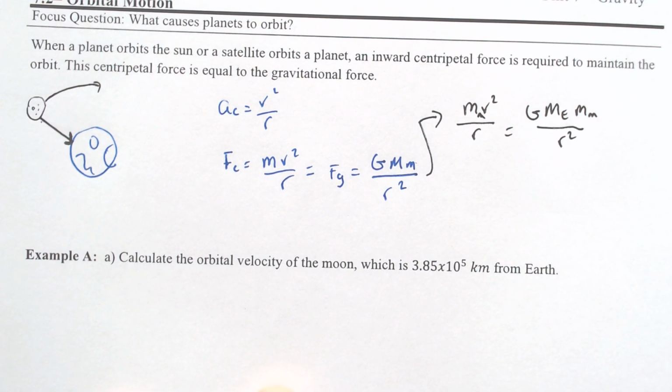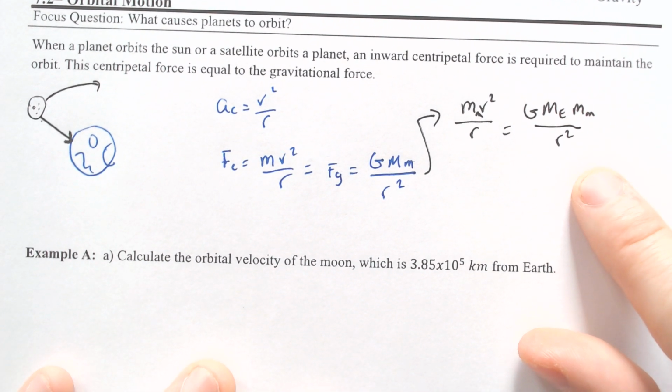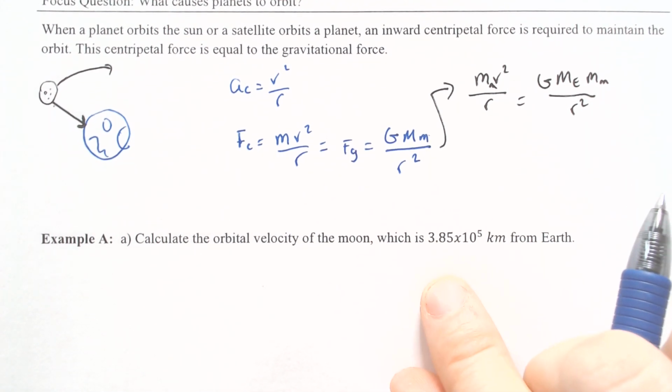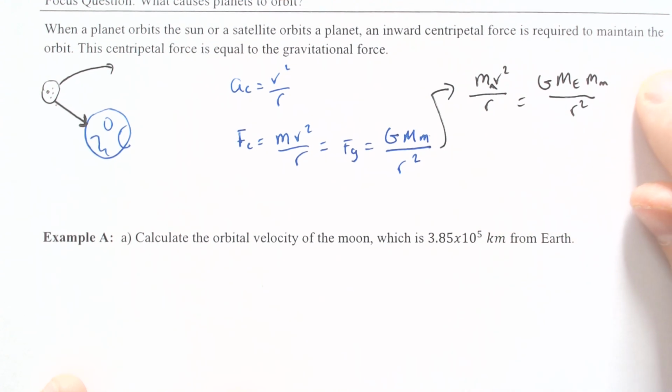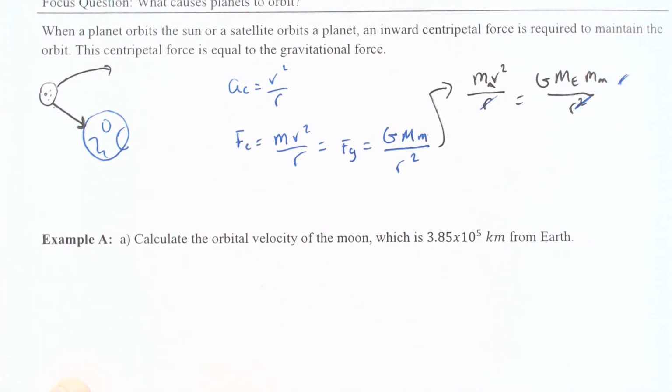Well, if we're solving for this, we want to essentially calculate the velocity of the moon. So let's solve for v squared here. We would multiply by r. If we multiply by r over here, the r's would cancel, and one of those squareds would go away.